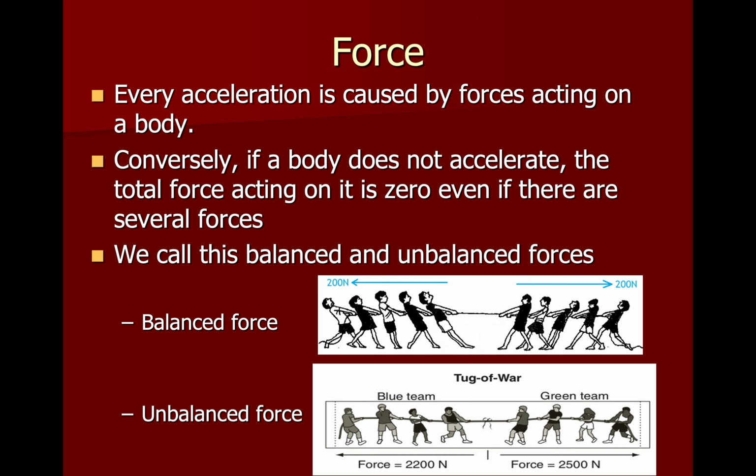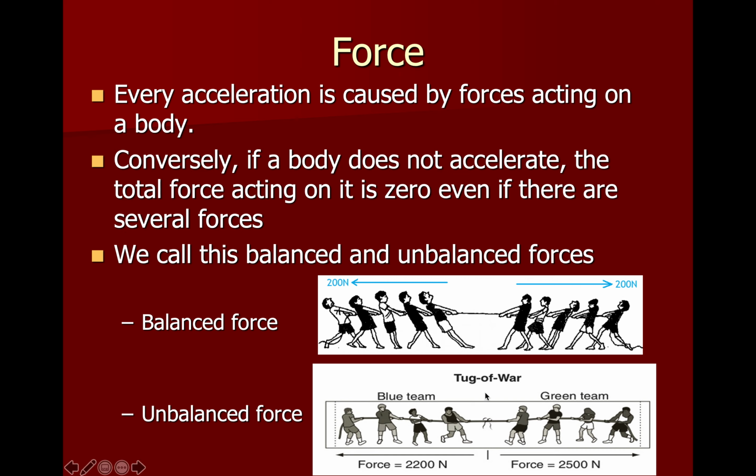But just know that we have 200 newtons of force in the left direction and 200 newtons of force in the right direction. So what's going to happen to this rope? It's going to go nowhere. So that is a balanced force. Even though there's zero acceleration, no movement of the rope, there are forces on it. They're just equal and opposite in direction.